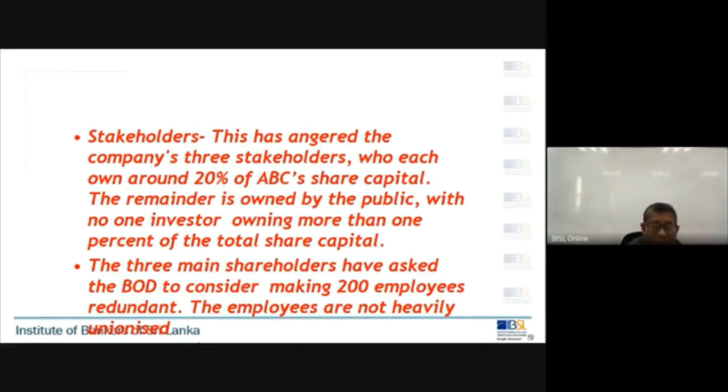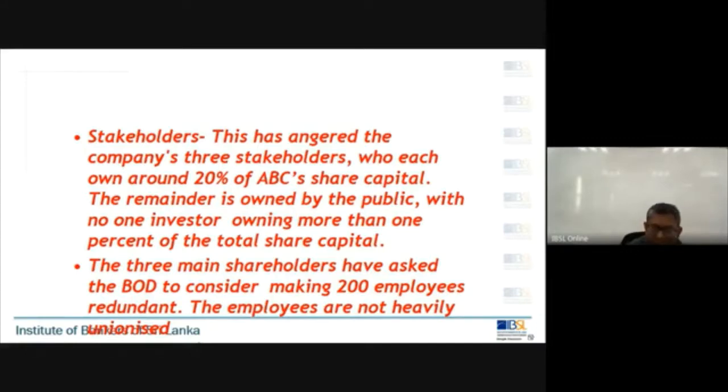Now there are three shareholders having the highest 20% share as far as the total capital is concerned. These three main shareholders have asked the board of directors to consider making 200 employees redundant.